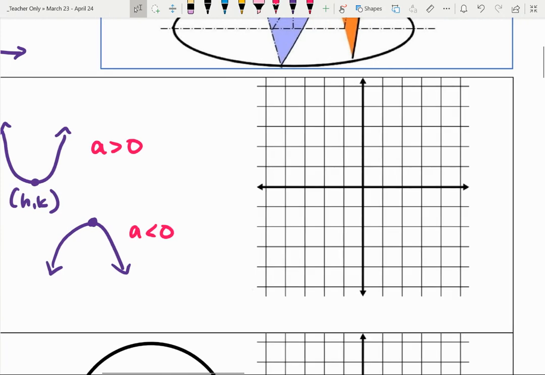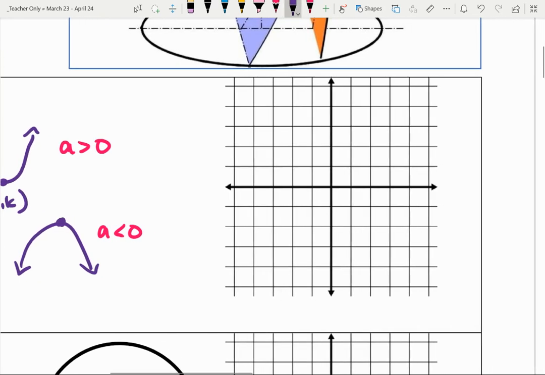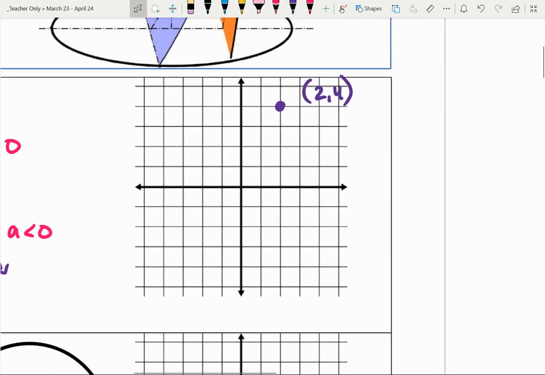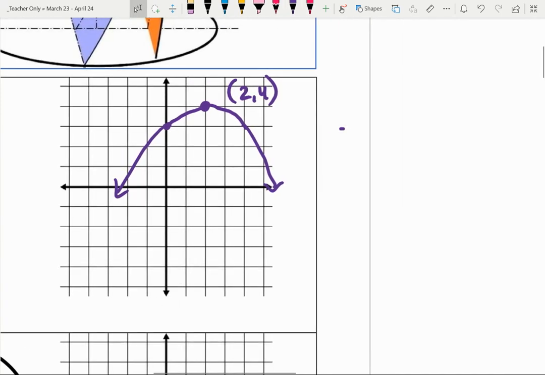So if I were making my name graph and I needed, for instance, an A, or the body of an A, and I know that I want it to be centered right here at (2, 4), and I want it to open downward, and maybe I want it to be a wider parabola, stretched out, then I might be playing around with something that starts with negative 1/2.